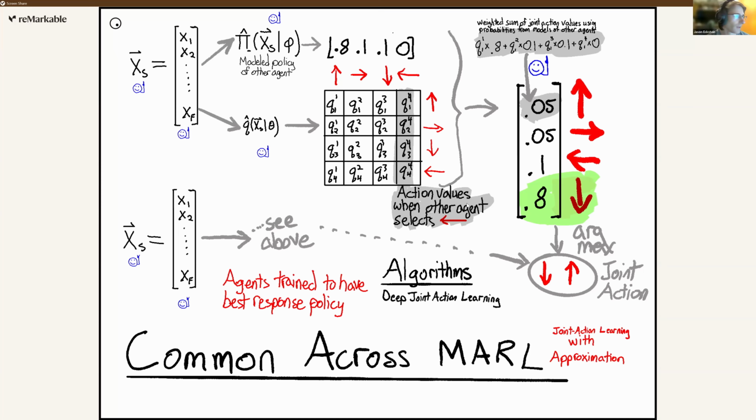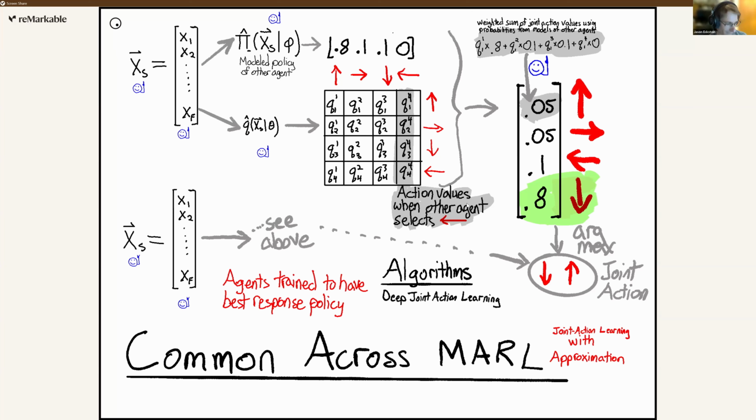The only reason it needs the models is it needs a way of translating this joint action space, which alone doesn't tell you what to do. This only tells you what to do in the context of a model of what the other agents are going to do.